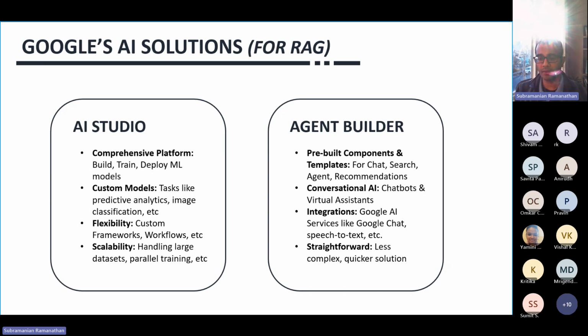This is primarily for chatbots, virtual assistants, and anything similar. It has integrations with Google Chat and speech to text as well. It is for less complex use cases, and if you want a quicker solution, you can go for this. We can now look at both of these options, and then I'll pause for some questions.